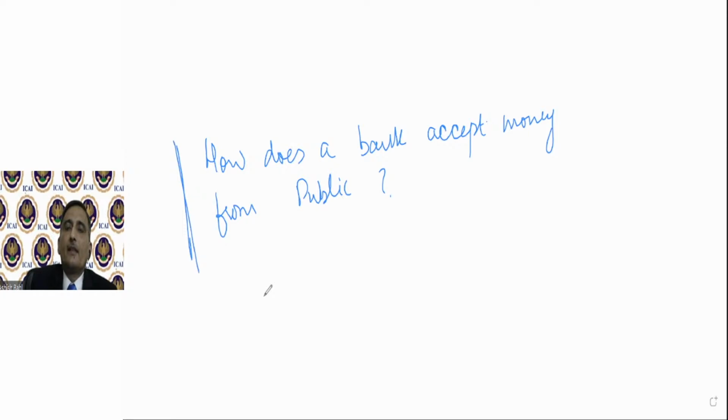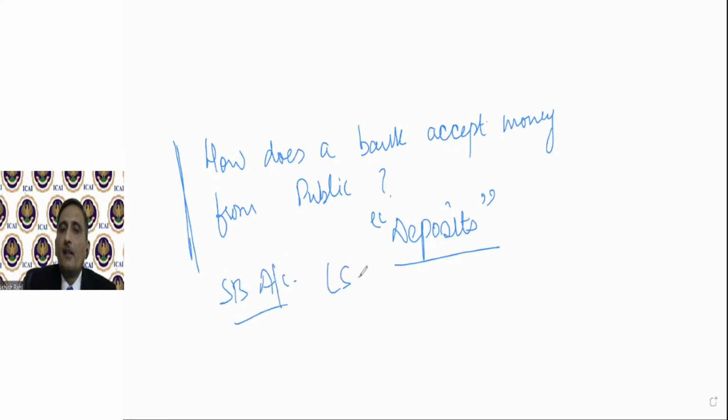So guys, this is in the form of deposits, which we call in banking language deposits. Okay. So every one of you must be having a savings account, haven't you? A savings account with some branch of a bank where you are depositing some of your savings.